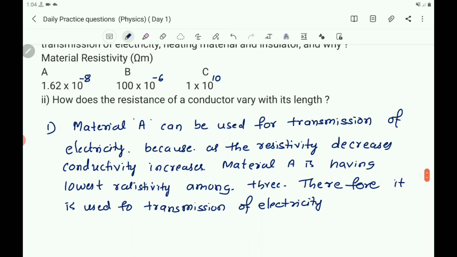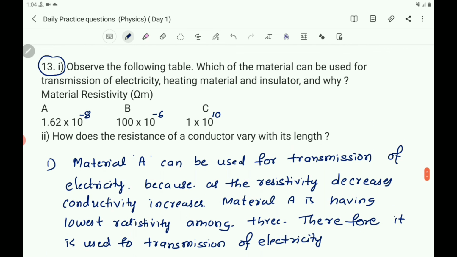The next one, heating material and insulator. For heating material, it should have moderate resistivity. As the resistivity increases, the heating effect also increases. But if it has maximum resistivity, it will not allow the flow of electric current, so that cannot be used as a heating material.